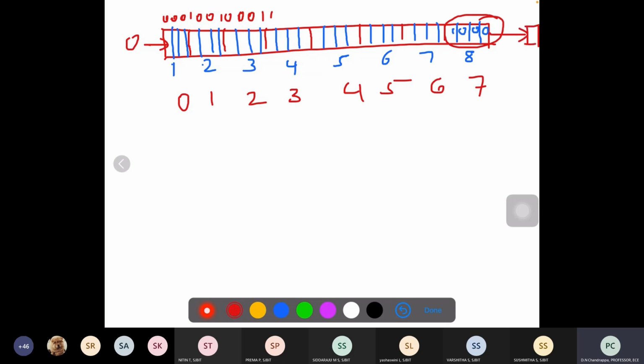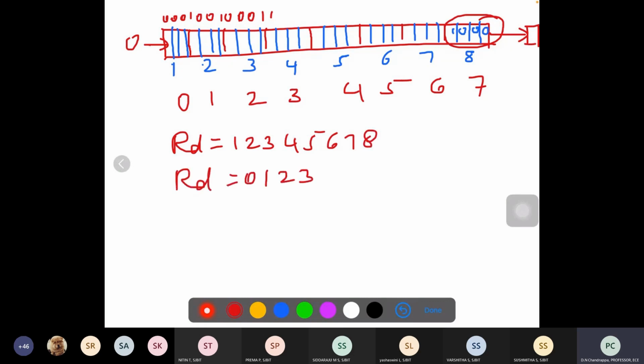What is the final value? Just guess it. With 4 zeros introduced, it becomes 0, 1, 2, 3, 4, 5, 6, 7. The 4 bits shifted out go to the carry.